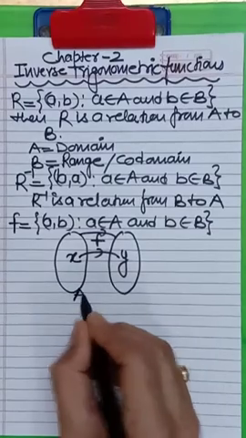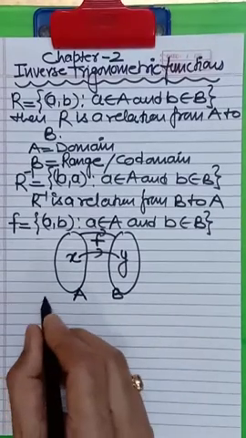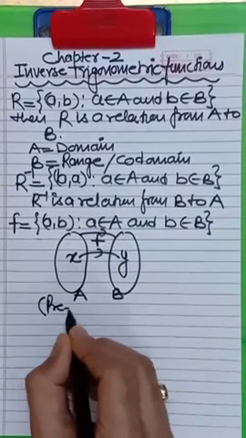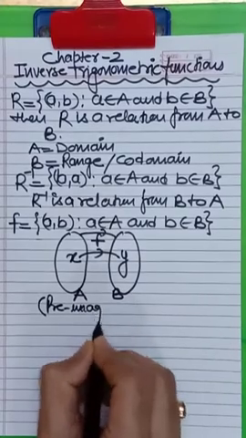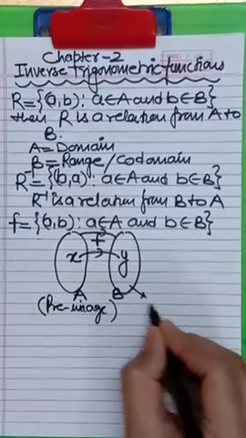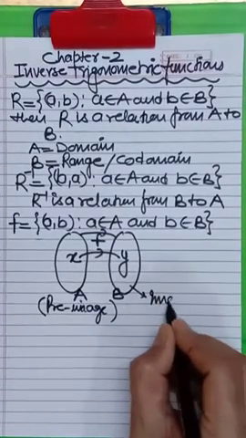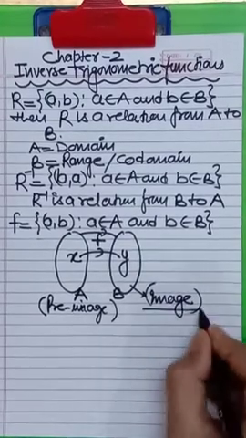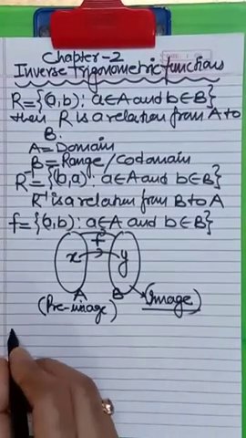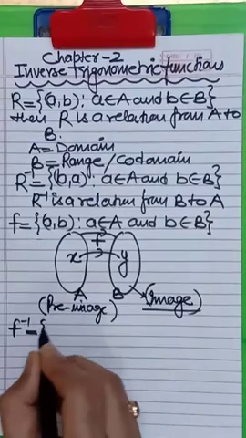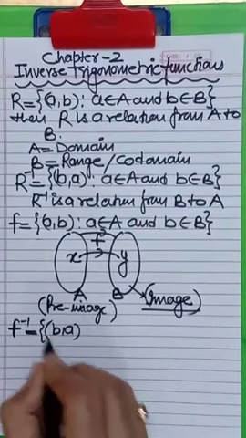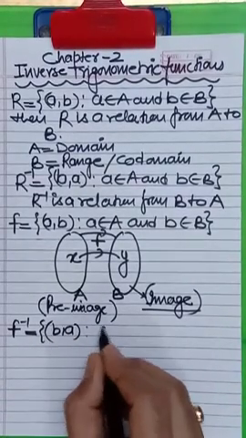A and B are two sets. This set is called the pre-image, or the domain, and this is the image, or the range. Now F inverse will similarly be a relation from B to A.